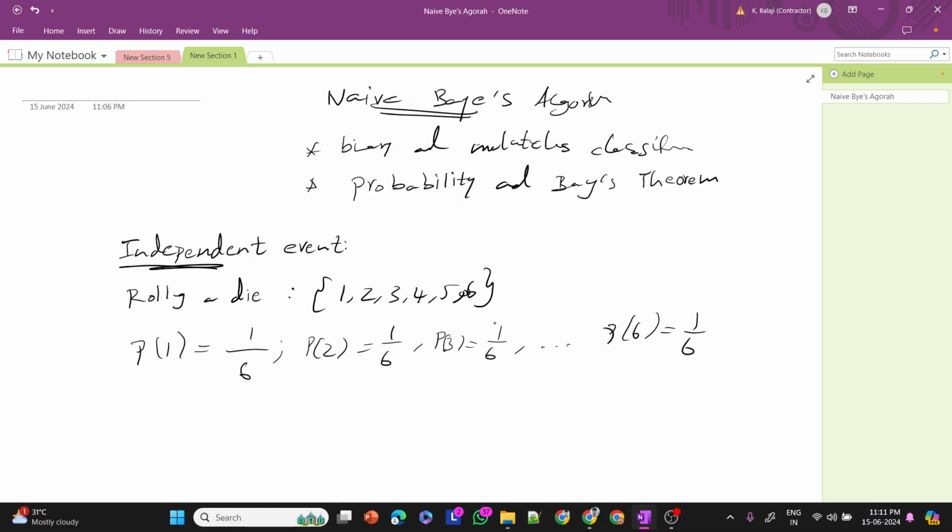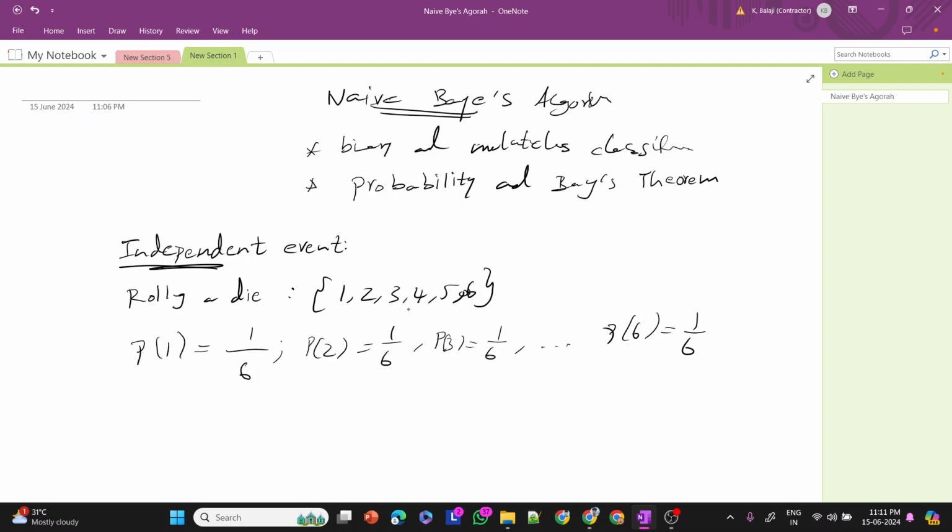We all know about that, but this event does not impact another event. First, we roll a die and can get any of these values with the corresponding probability.